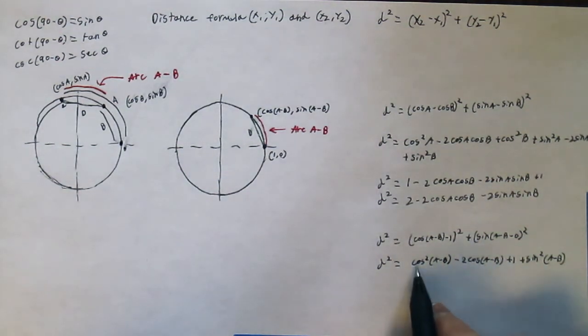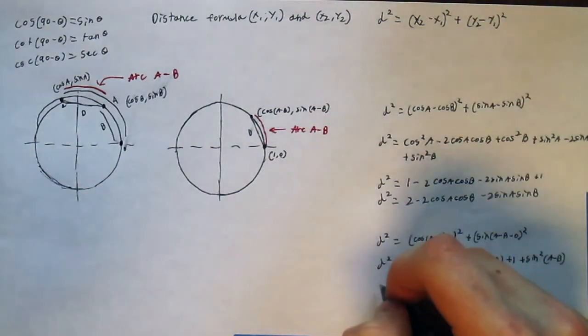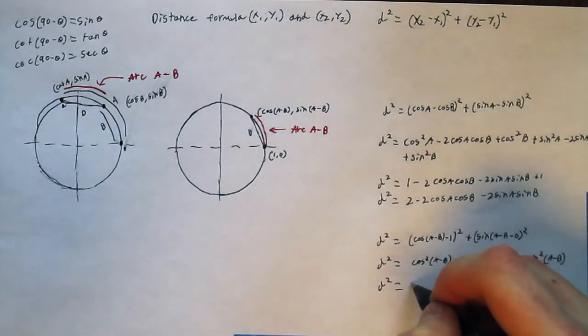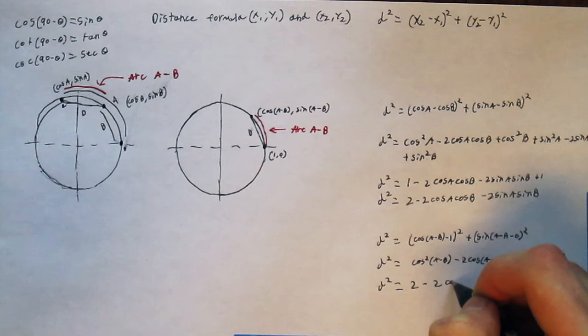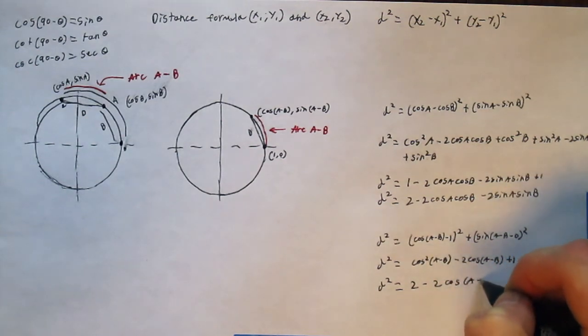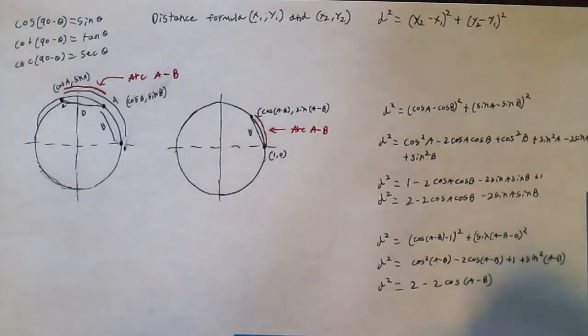So this is 1 and this is 1, so that gives you 2. So d squared equals 2 minus 2 cosine of A minus B.